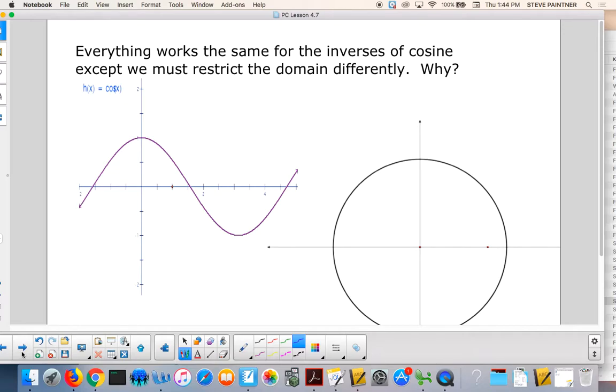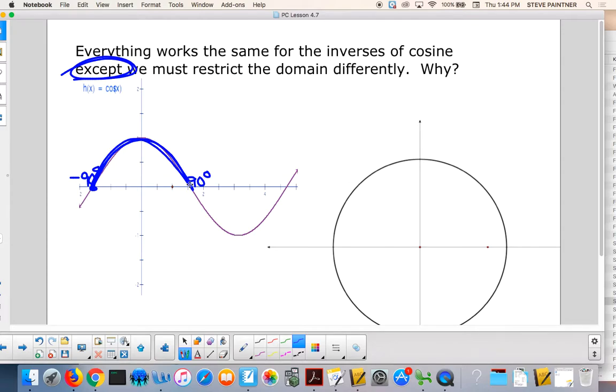Ready? Everything works the same for the inverse of cosine, except we must restrict the domain differently, and the question is why. Okay, here, watch. I'll show you. Remember how we did 90 degrees to negative 90? Can we say that's our domain?